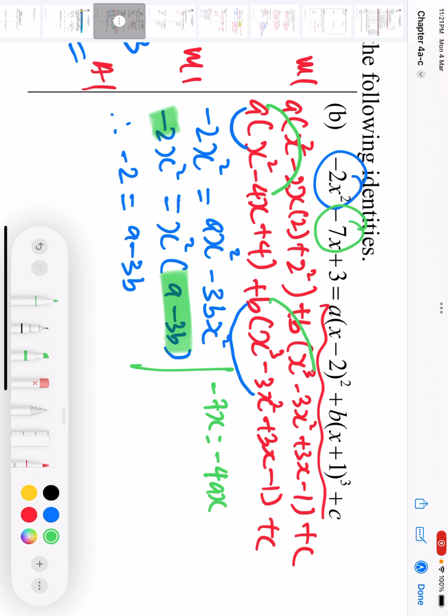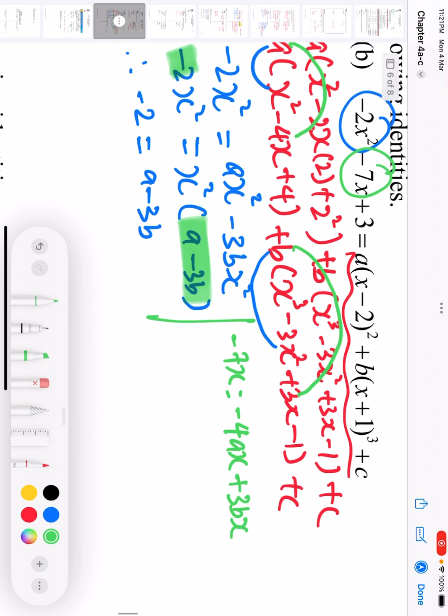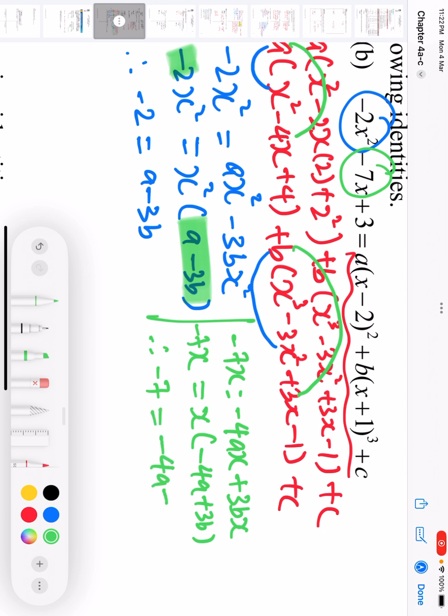Over here, same thing, only b times x. b times 3x gives me positive 3bx. And over here, I can factorize out the x again. I'll get negative 4a plus 3b times x is equal to negative 7x. So therefore, negative 7 is equal to negative 4a plus 3b.